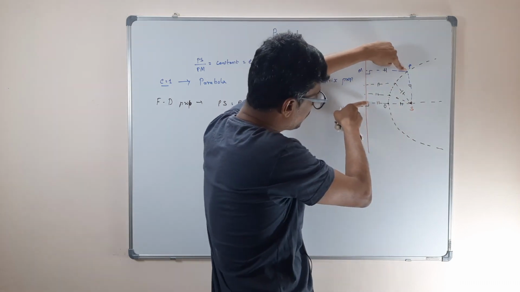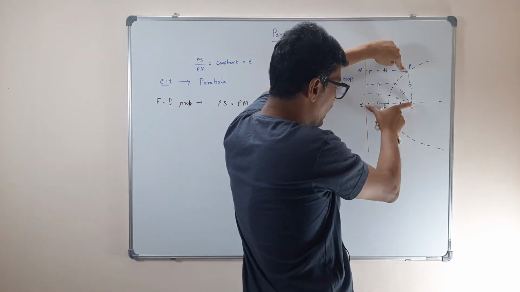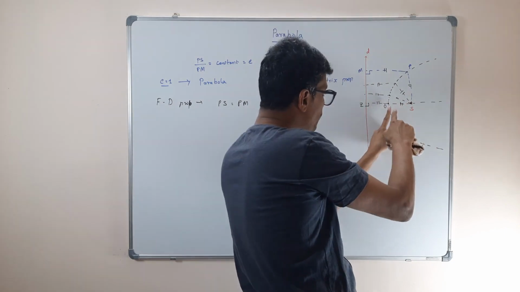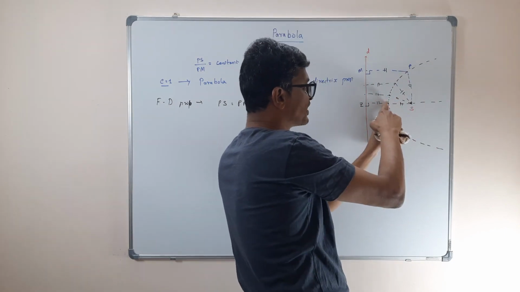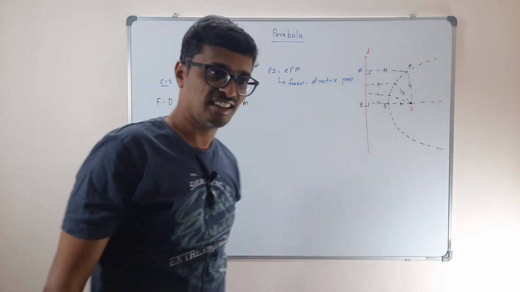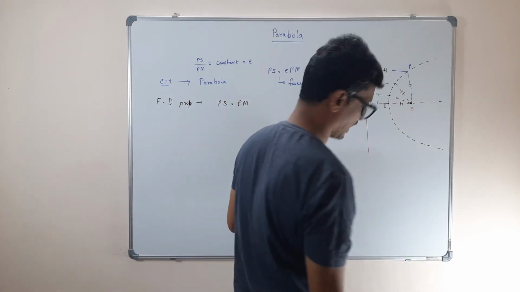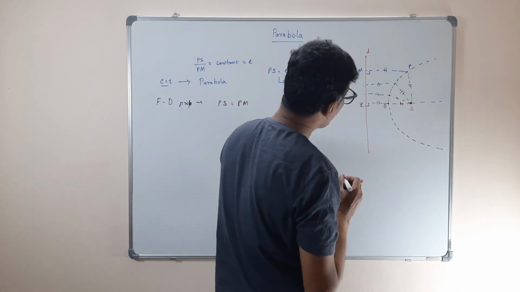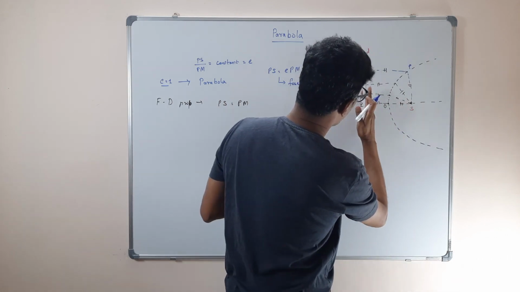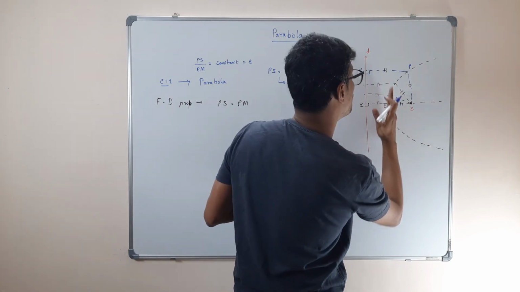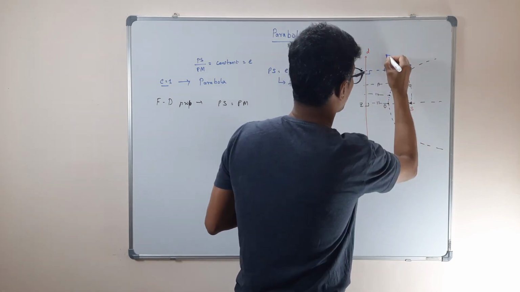So when I draw the axis and bisect the region Z as O, obviously O also has to fall on the parabola because they both are equal. Now I can do some jugglery. I am going to draw a line parallel to my directrix and passing through O.